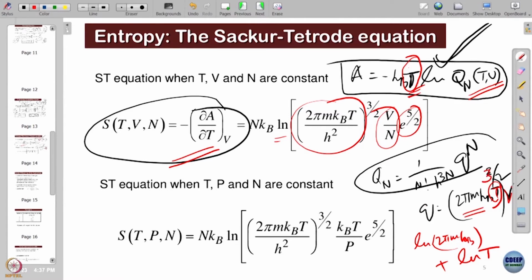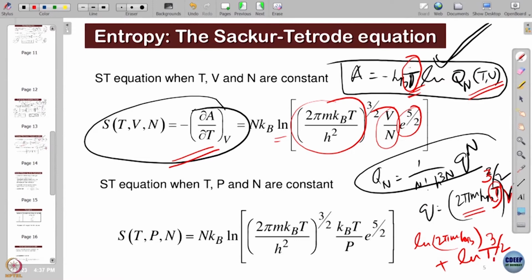T to the 3 by 2 here. So when you take the derivative of that, then 3 by 2 comes out and the T becomes half, this becomes T to the power half.